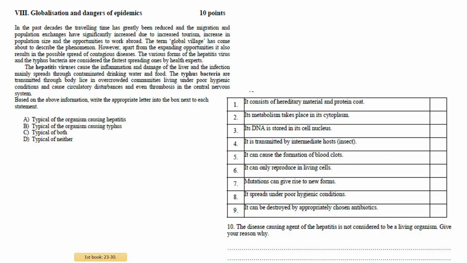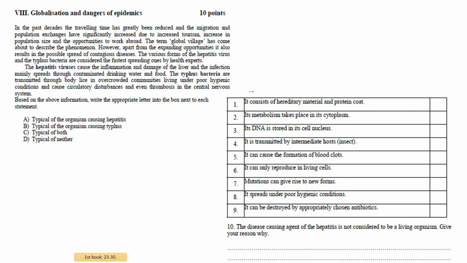Alright, so let's solve the last exercise, globalization and dangers of epidemics. In the past decades, the traveling time has greatly been reduced, and the migration and population exchanges have significantly increased due to increased tourism, increase in population size, and the opportunities to work abroad. The term global village has come about to describe the phenomenon. However, apart from expanding opportunities, it also results in the possible spread of contagious diseases.